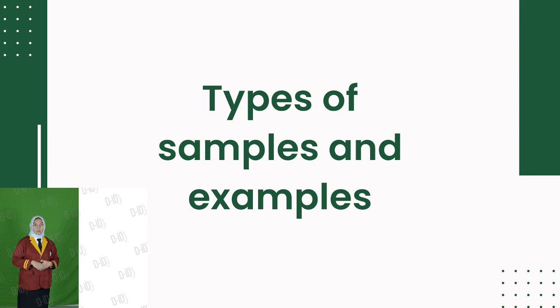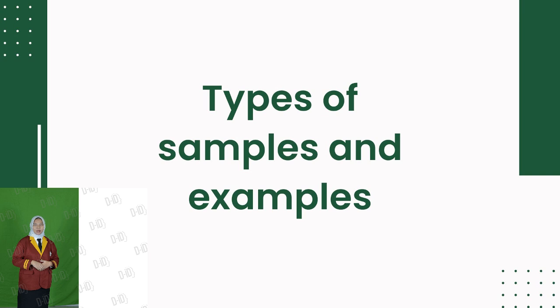After that, all members in the selected cluster are sampled. For example, you randomly select 5 elementary schools out of 50 in a city. Then, you study all students from those 5 schools. This method is very efficient in terms of time and logistics, although the level of accuracy can decrease if the clusters are not homogeneous.